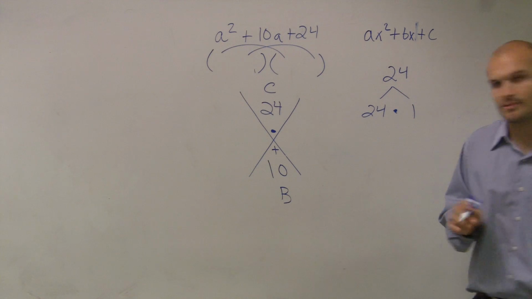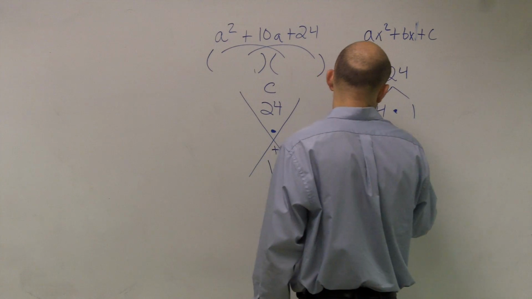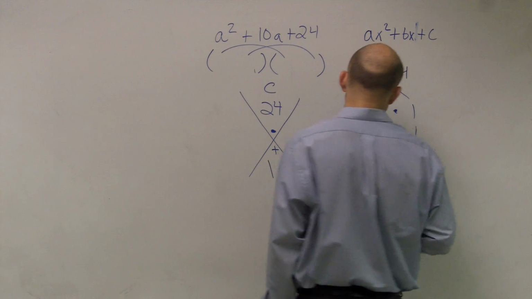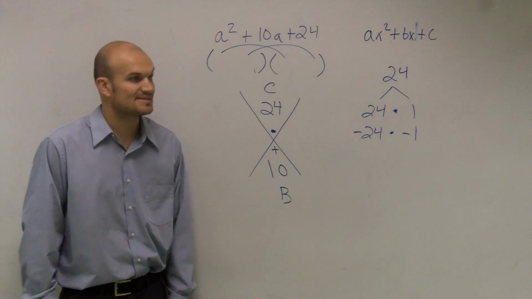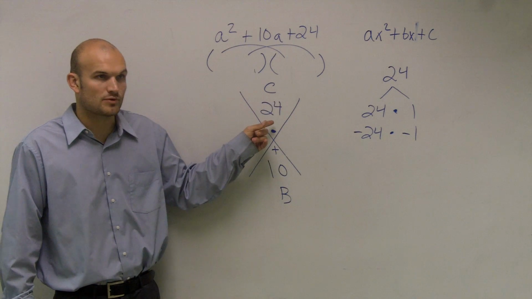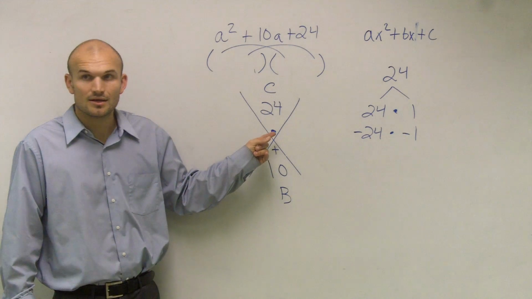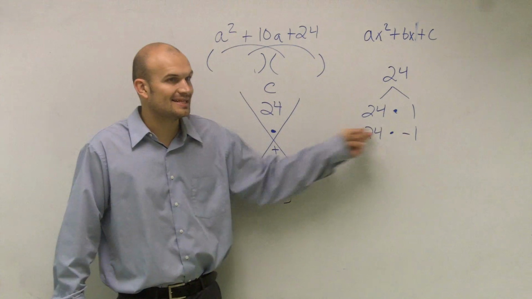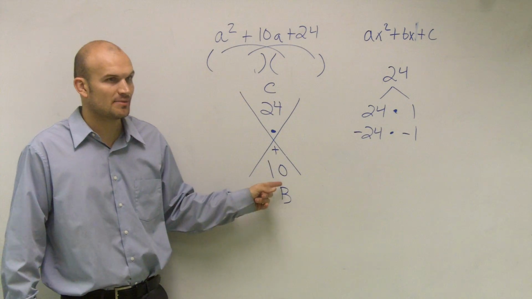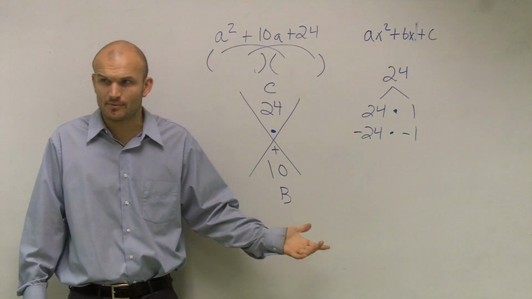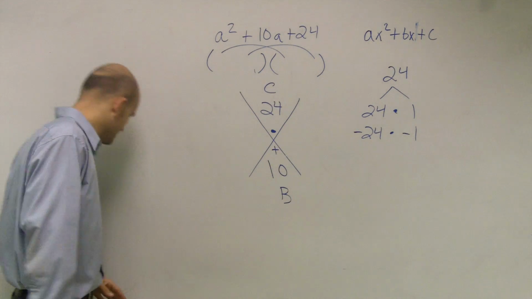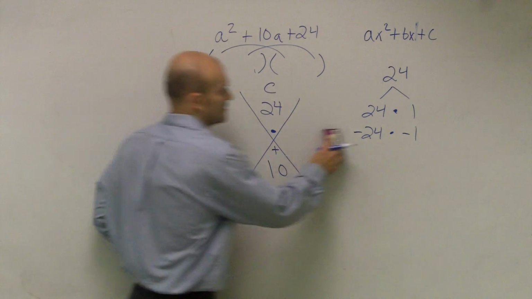Now, here's one thing I'm going to tell you as well, because you're going to get to problems with negative numbers. Does negative 24 times negative 1 also produce a positive 24? Yeah, it does. But if you were to add these together, would that give you a positive number? Does a negative plus a negative ever give you a positive? No.